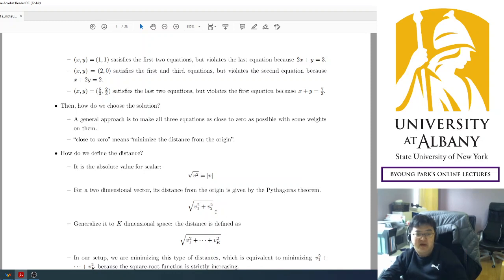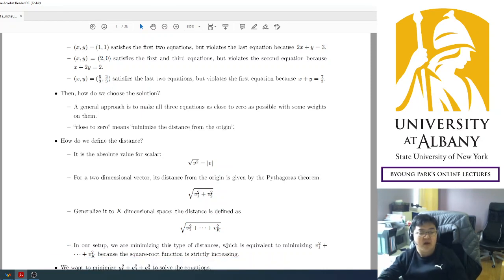The Pythagorean theorem implies v1 squared plus v2 squared equals the diagonal squared. So this is the distance between a vector and the origin. And even more generalization to the k-dimensional case, same thing. This is the distance.